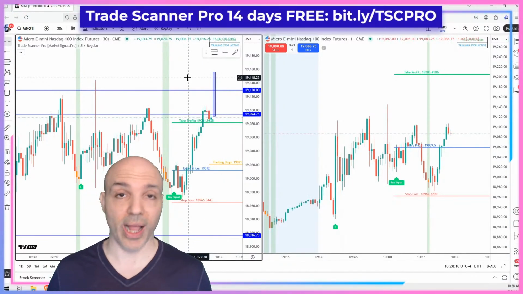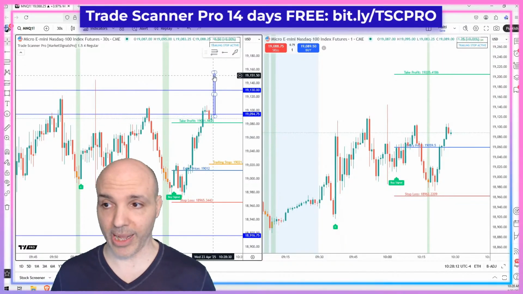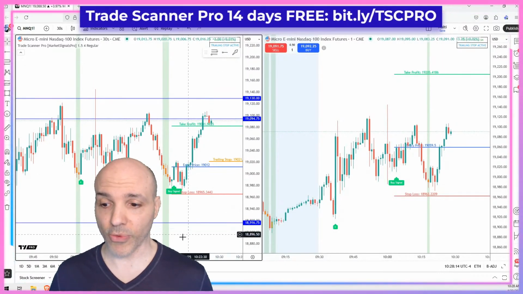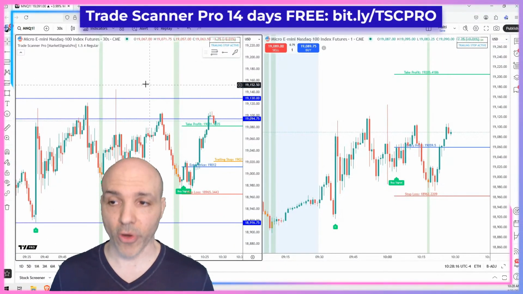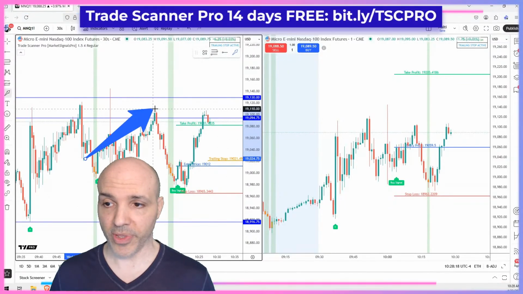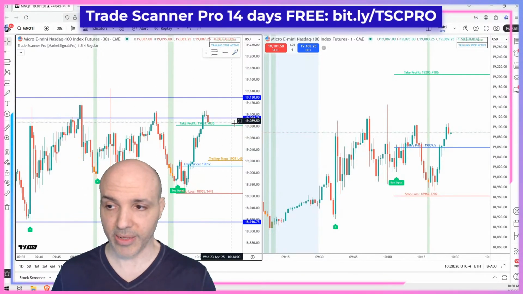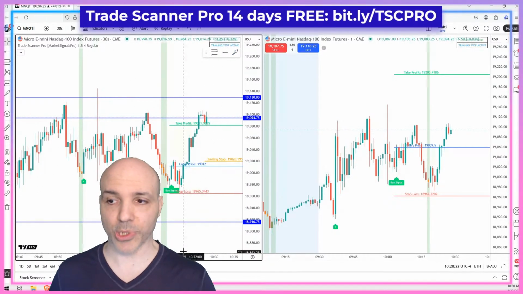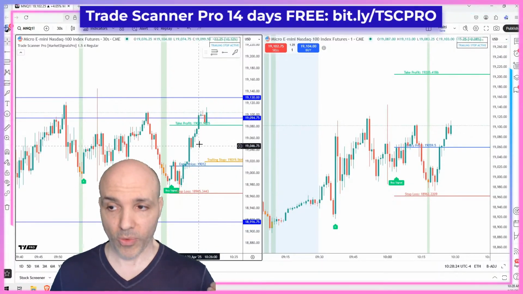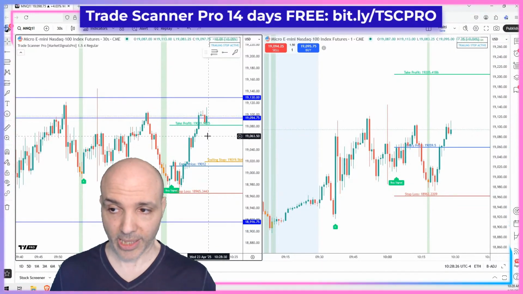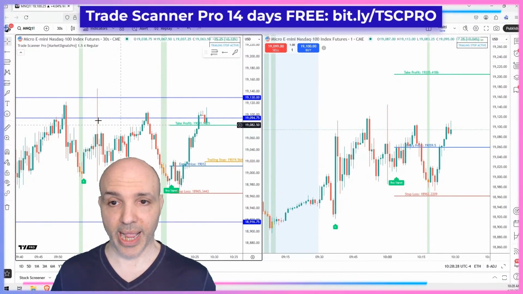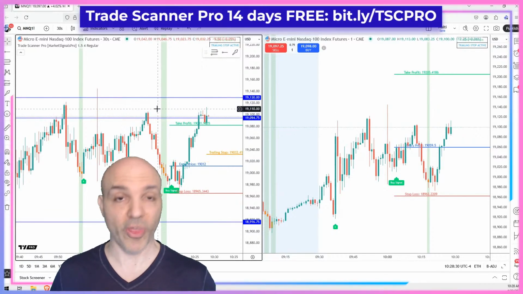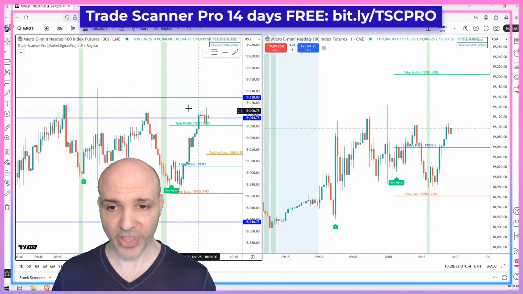And the reason why I'm confident, do I know the future? No. But the reason why I say that is because there are a lot of shorts up here. This type of price action attracts a lot of shorts. So those shorts get stuck in this thing and they get squeezed.